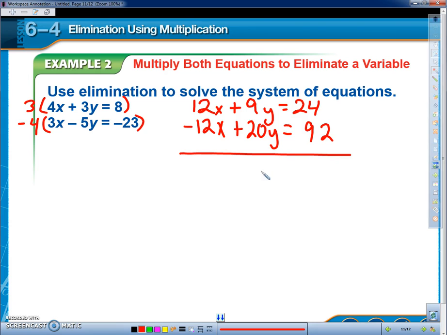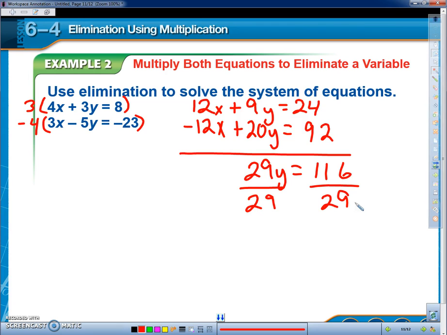Okay, so let's see what we've got. All this cancels out. This would be 29y equals 116. So let's divide this by 29 and divide this by 29.